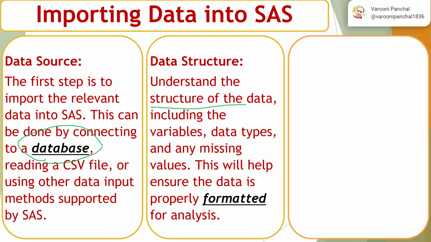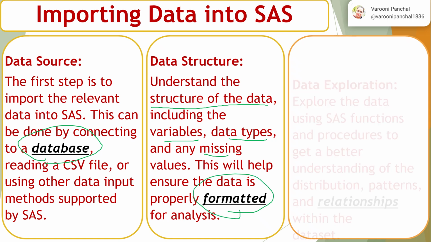You really need to understand the data first, then pick what kind of variables you need, then see what the different types of data are, and if there are any missing values, you raise issues or queries, and then you can do the analysis. So that will help you in getting the data in a formatted way.